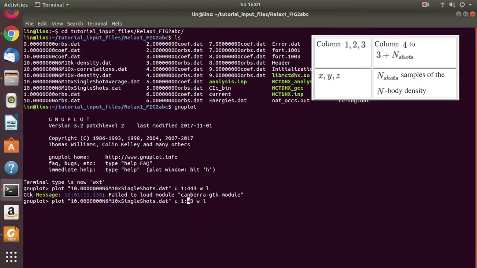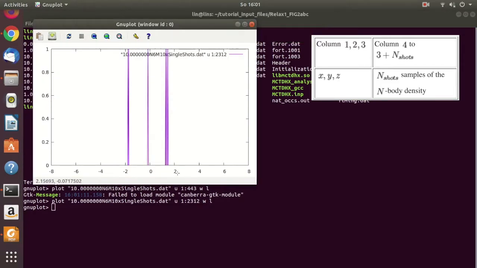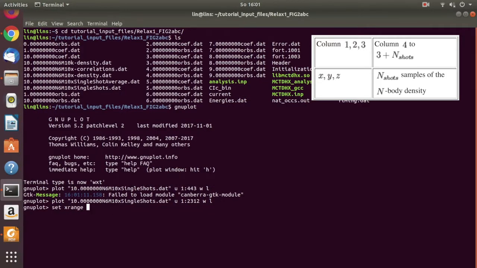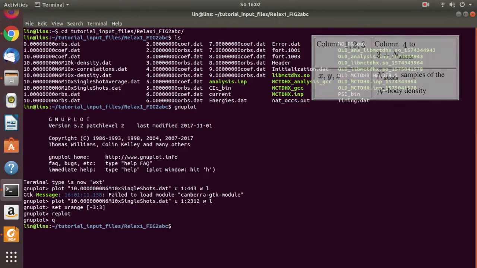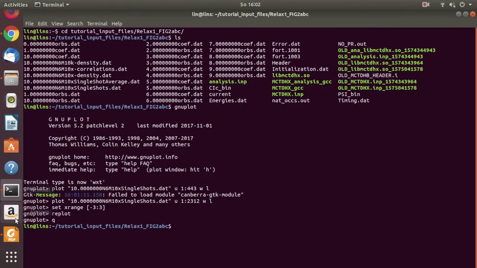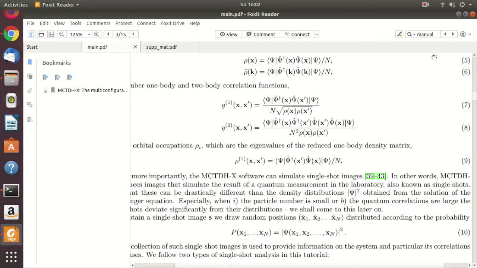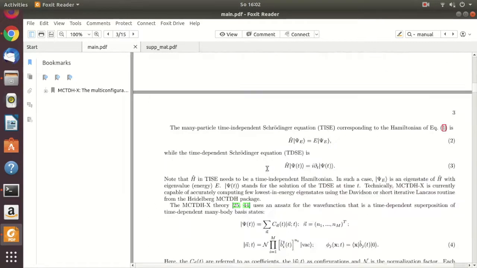And let's randomly take, for example, 2312, and in this image there are also three bosons, 1, 2, 3, three bosons in the left well, and 1, 2, 3, three bosons in the right well.